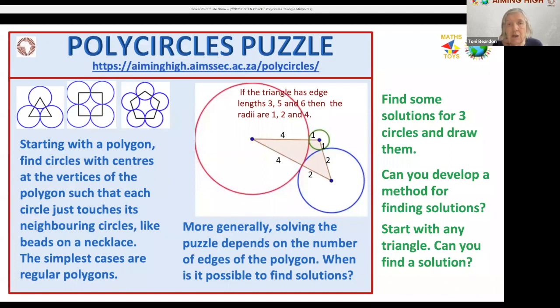So supposing you're given the edge lengths 3, 5, and 6 here, then we put in the radii 1, 2, and 4. And if you check that up, you will see that 4 plus 1 is 5. So that's the number that goes at that vertex. In the center of the green circle, 1 plus 2 is 3.